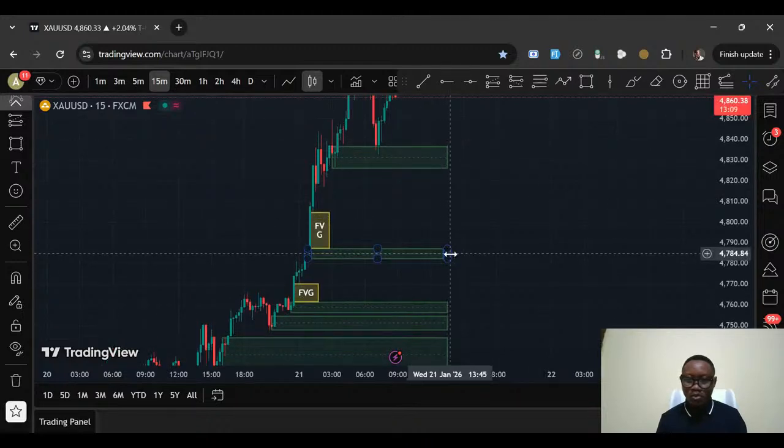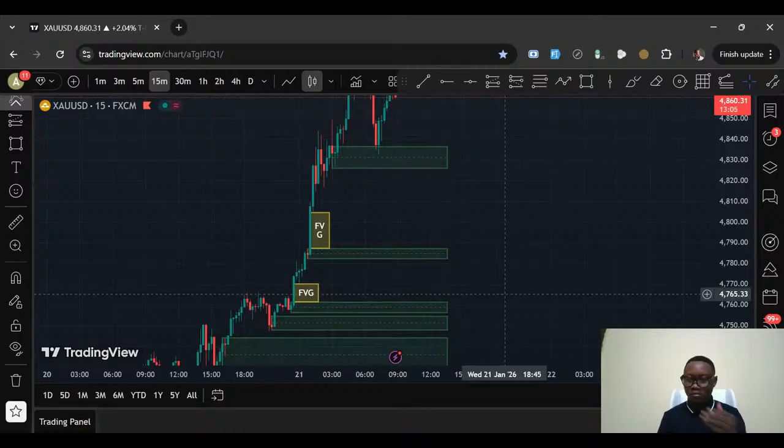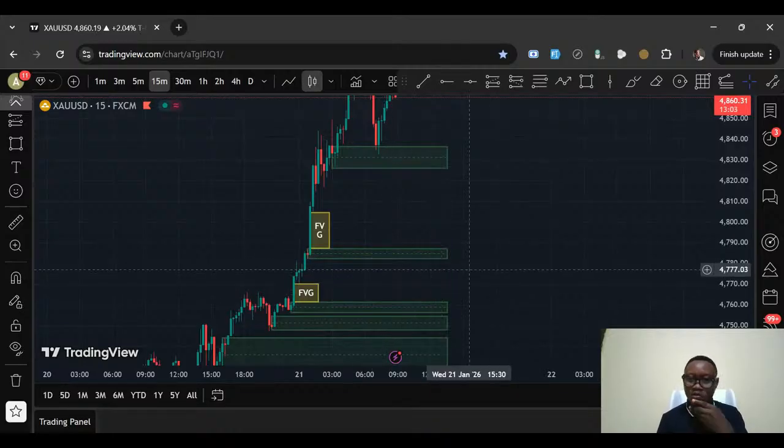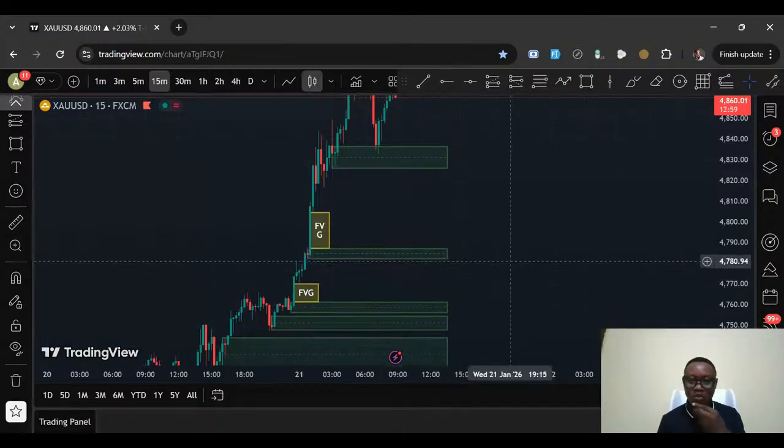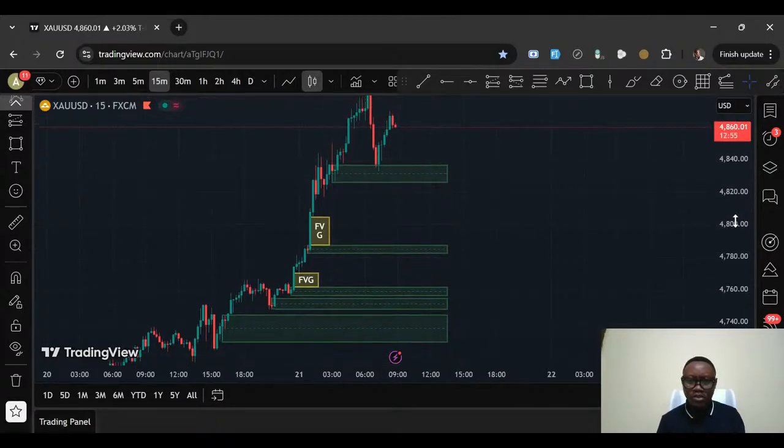If price would pull back, it should pull back to this zone. It will most likely react at this zone. So you want to leverage on that to make some money for yourself. From this zone to the next supply zone, you can take a profit at the next supply zone.